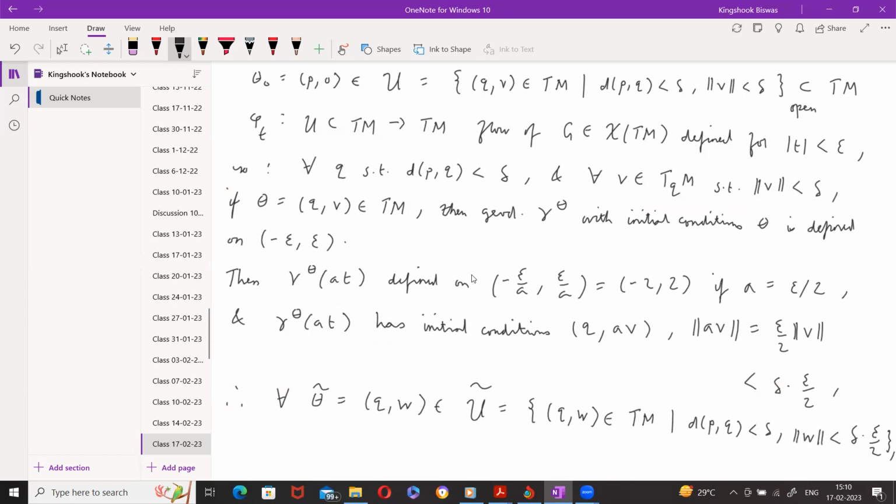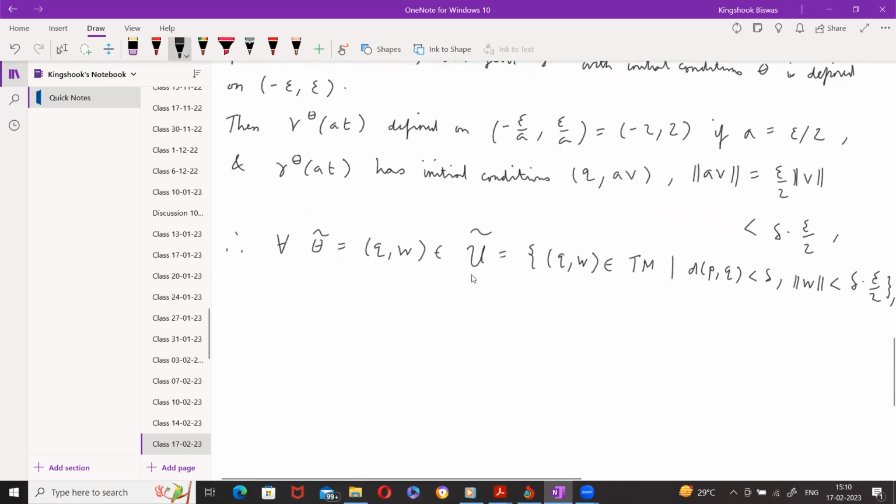Okay. The geodesic gamma theta tilde, so with initial conditions QW, this is defined on the interval -2 to 2. Right? So in particular, if I take vectors of norm less than this delta times epsilon by 2, so in a small ball around the origin, all my geodesics with those initial vectors are defined for time at least 2, right?